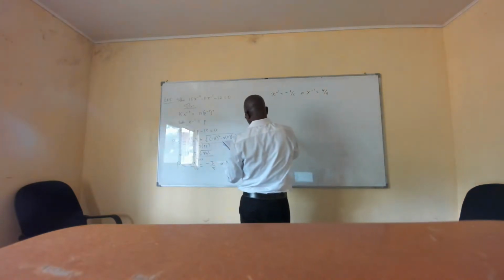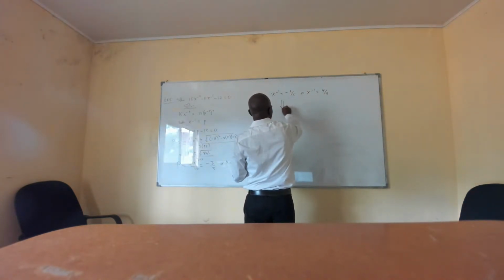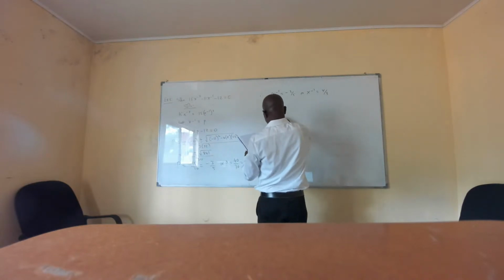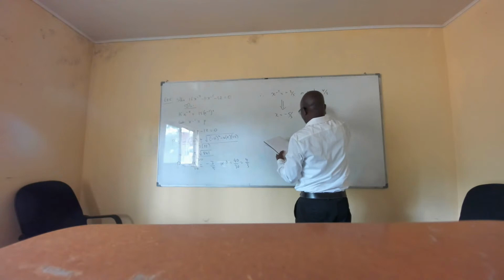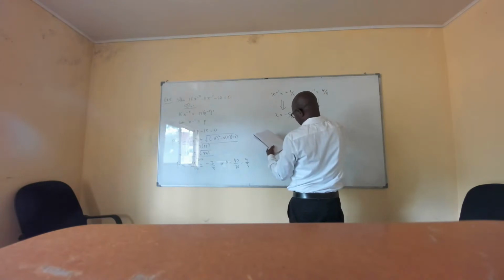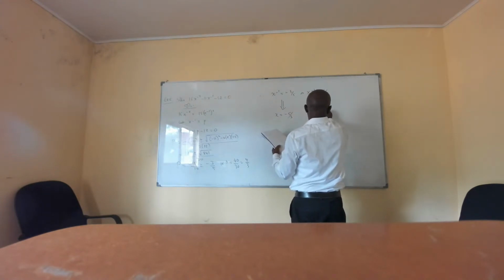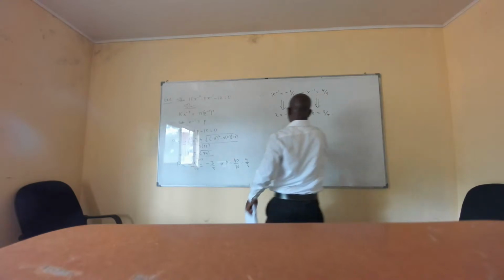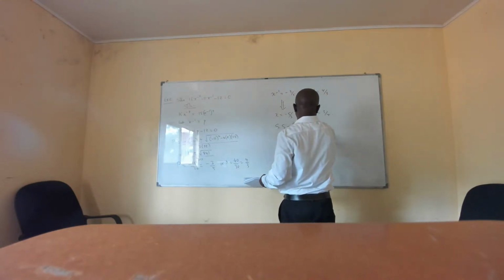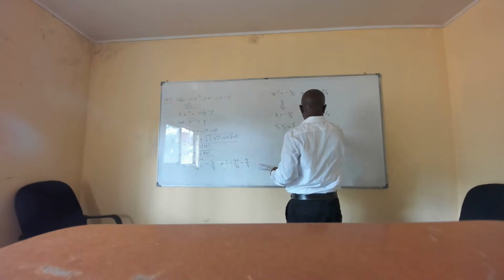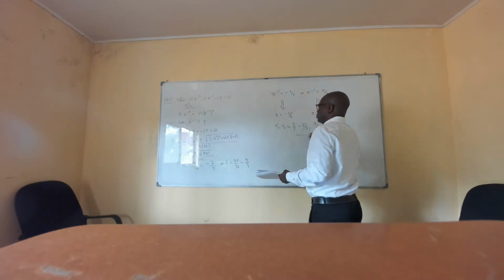Taking the reciprocal, this one will mean your x is just minus 5 over 3, and this one will mean your x is 3 over 4. We can check that the solution set is indeed minus 5 over 3 and 3 over 4.